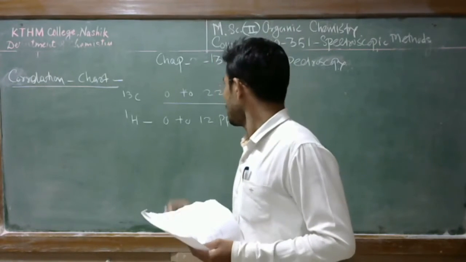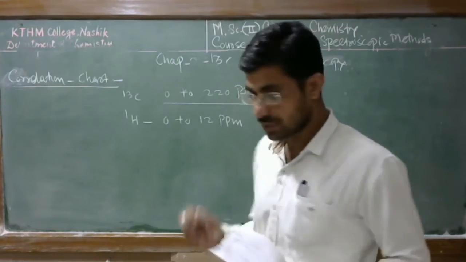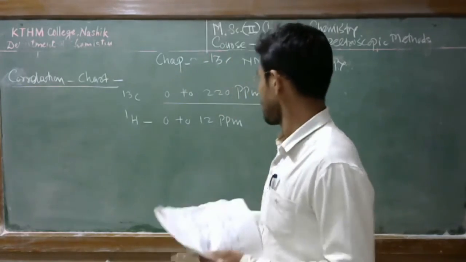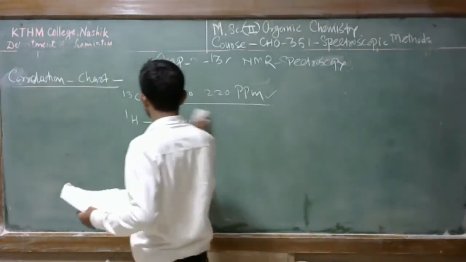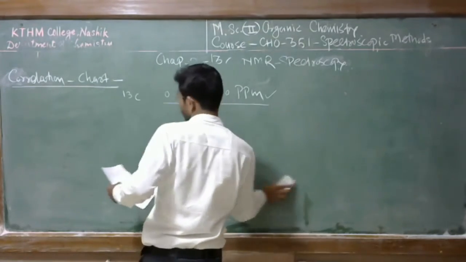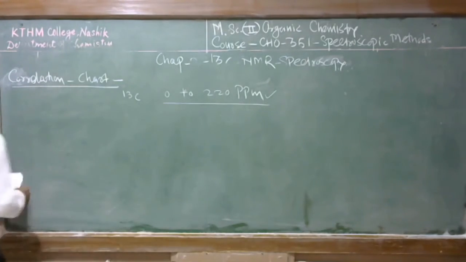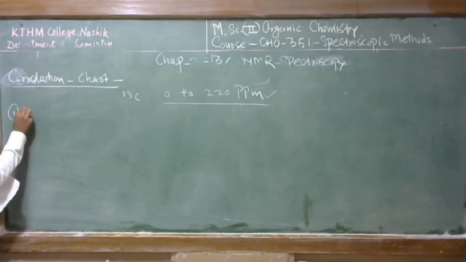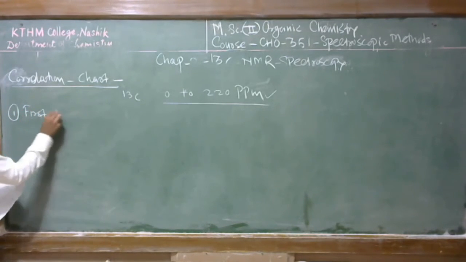So in 13C NMR spectroscopy, this chemical shift range we can divide into four sections. First section for the chemical shift value.